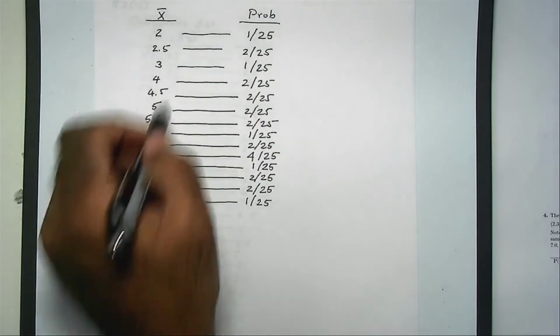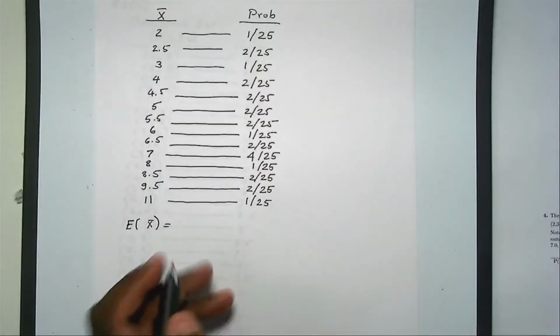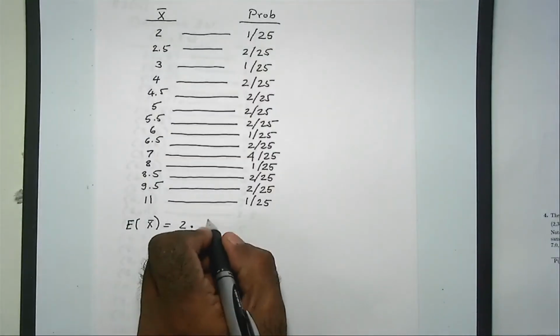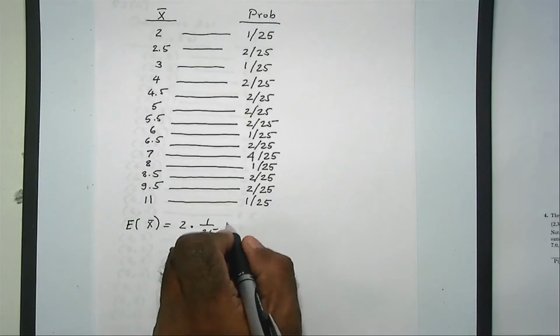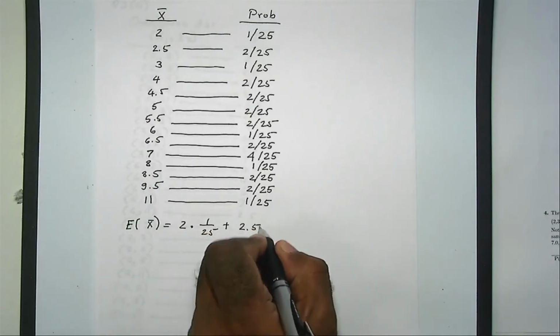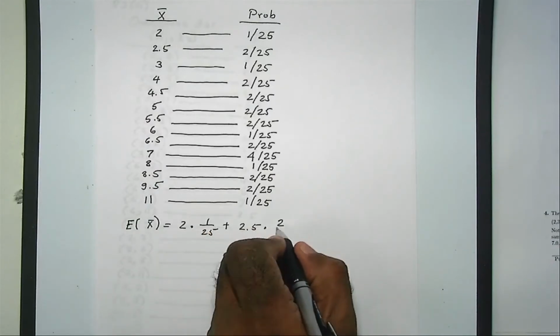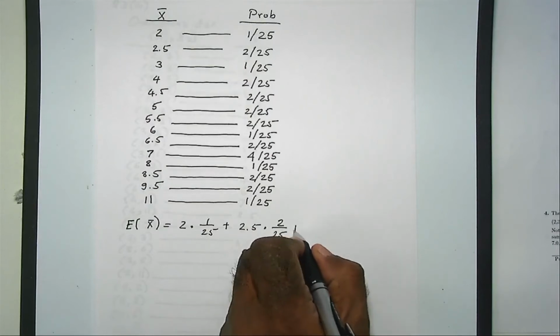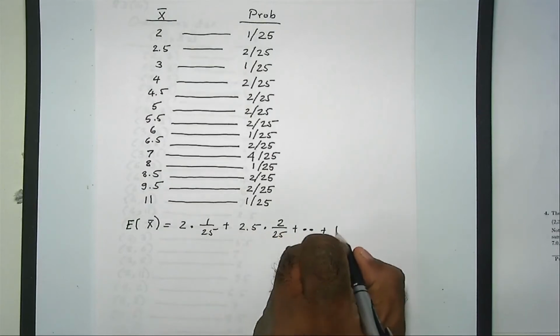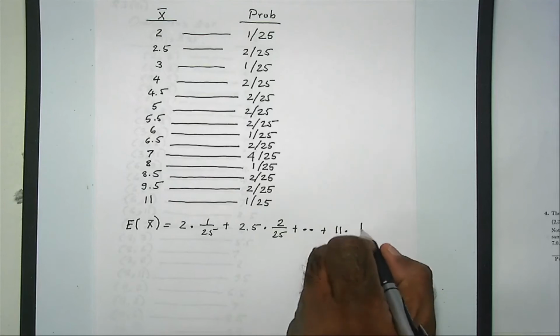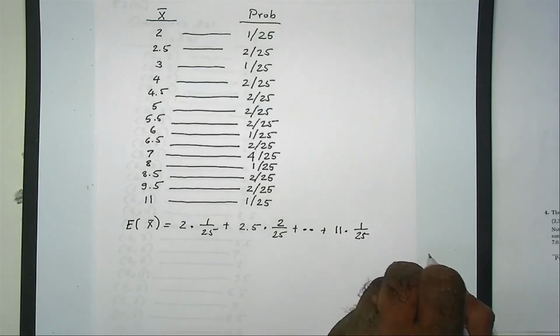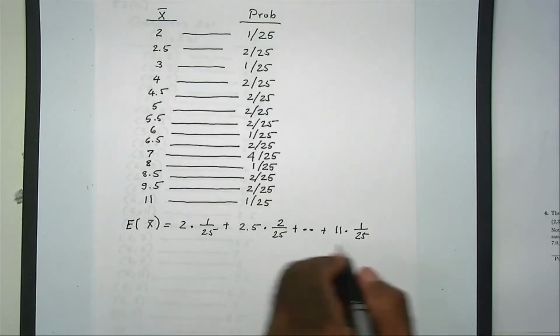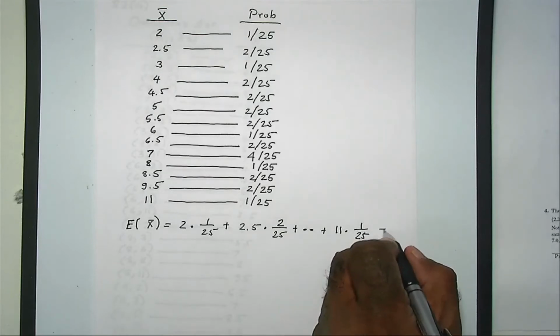You multiply this column with this column and add them up. So it will be 2 times 1 over 25 plus 2.5 times 2 over 25, and so on until the very last term will be 11 times 1 over 25. If you calculate, this will be equal to 6.